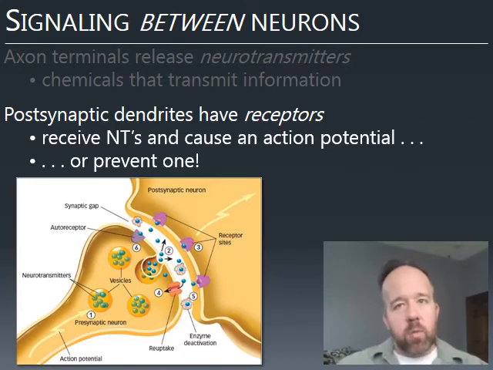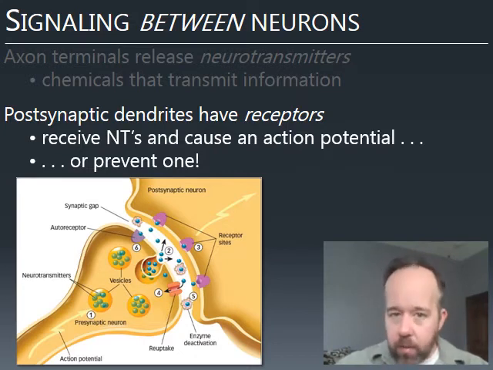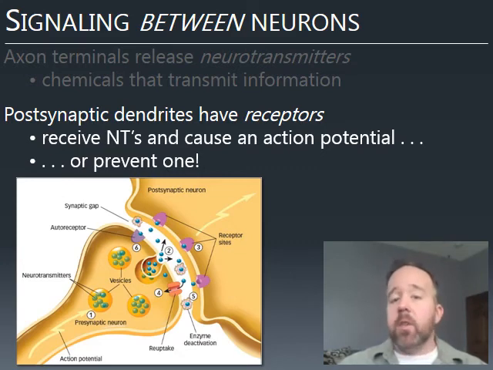But that's one of the most important things about signaling between neurons: A, it's chemical, so you're releasing neurotransmitters, but B, depending on the neurotransmitter and the receptor, it's not a guarantee that the postsynaptic neuron will fire as well.